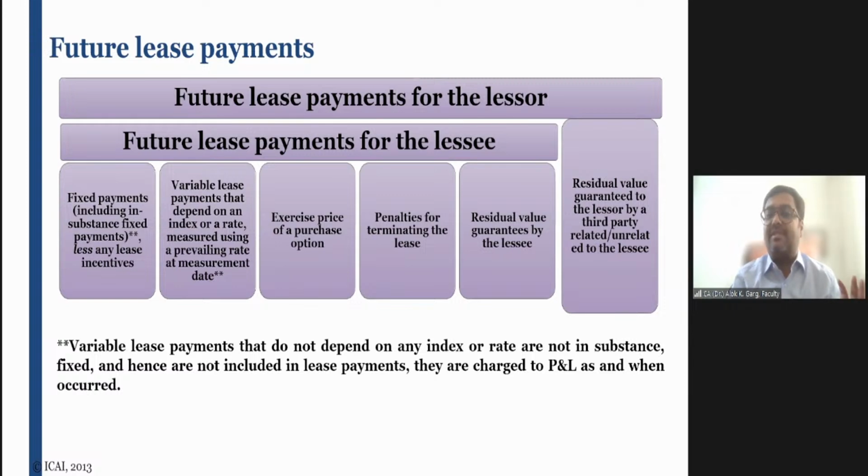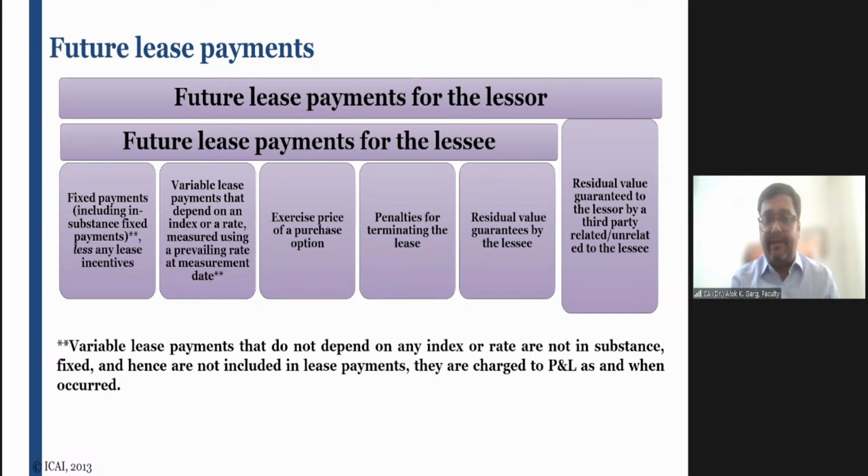So now we are going to discuss what is meant by lease payments, from the perspective of the lessee as well as from the perspective of the lessor. Okay. The definition of lease payment from the perspective of the lessee has 5 lease payments. From the perspective of the lessor, there are 6 lease payments, right?